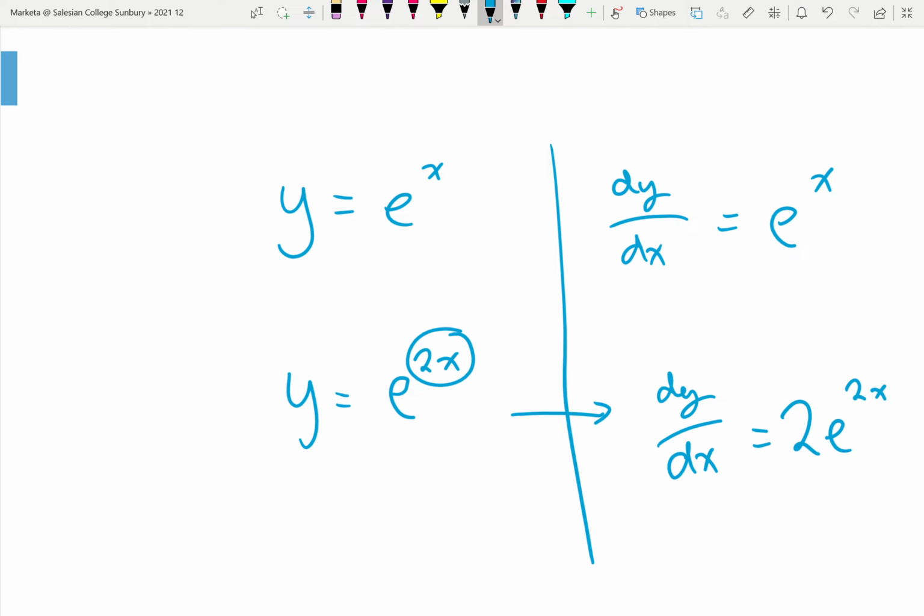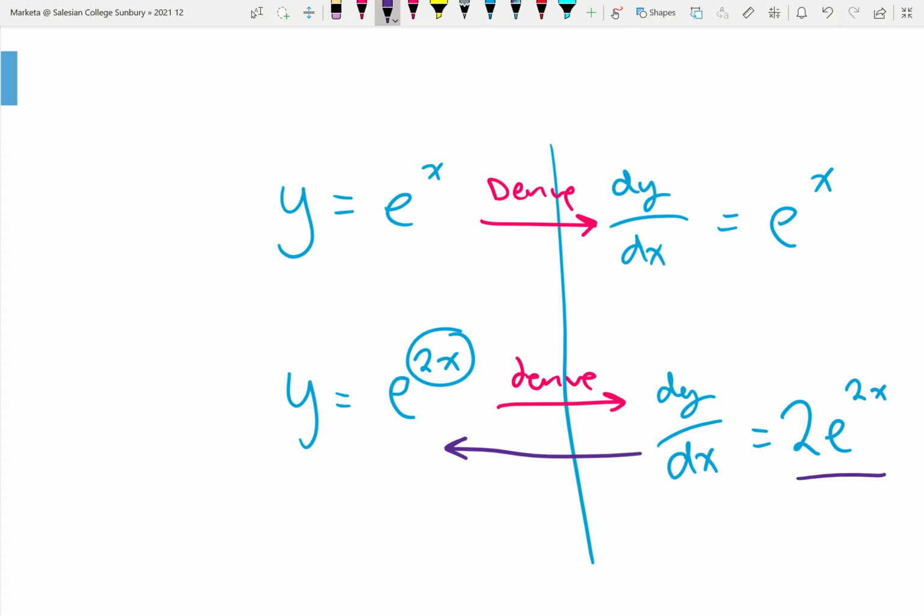So let's think about if we want to go backwards. So anti-deriving, so I can probably leave those arrows there. This is derive, and this is derive. And if we want to go backwards, so anti-derive, we've got 2e to the 2x. We know that when we anti-derive, we have to get e to the 2x.